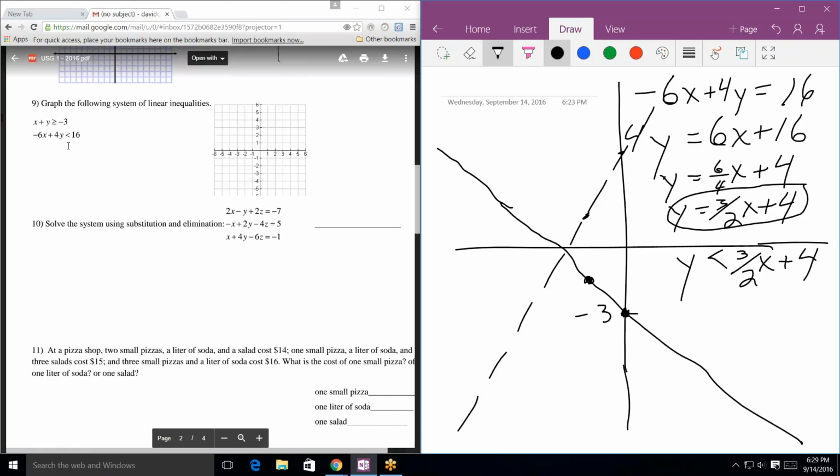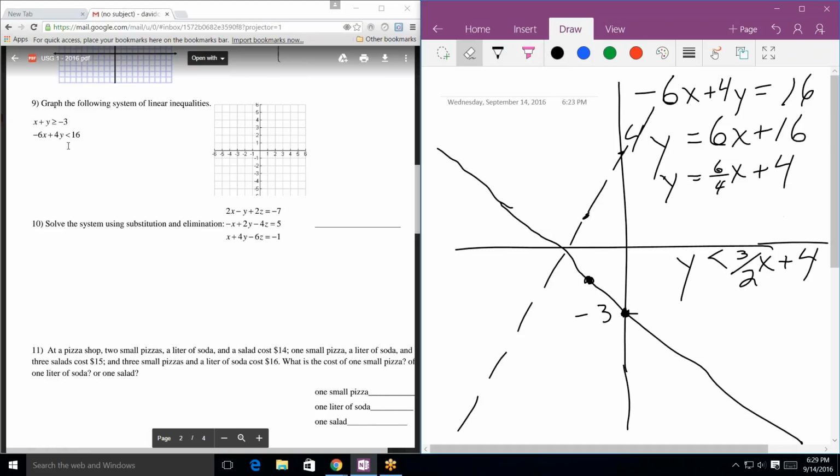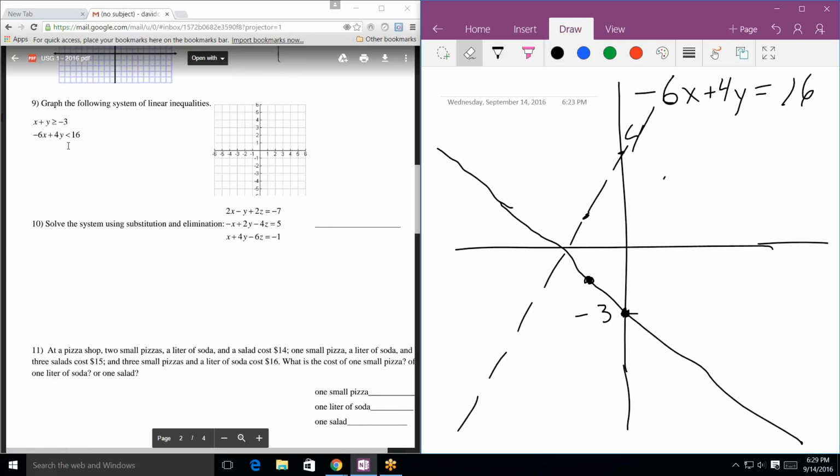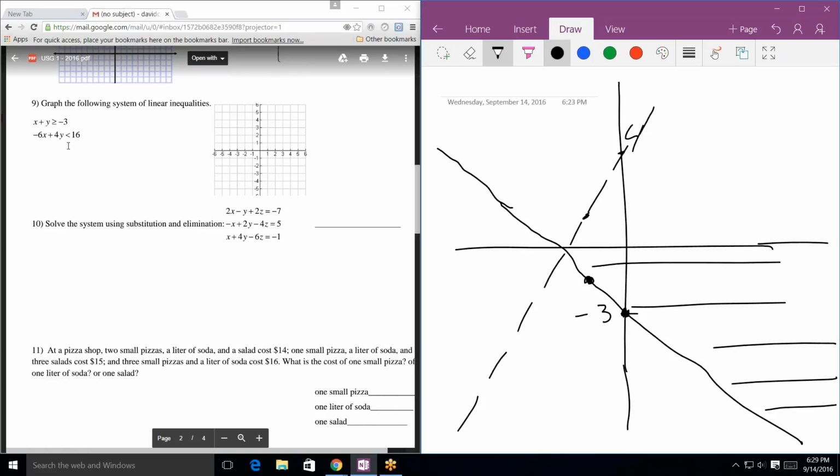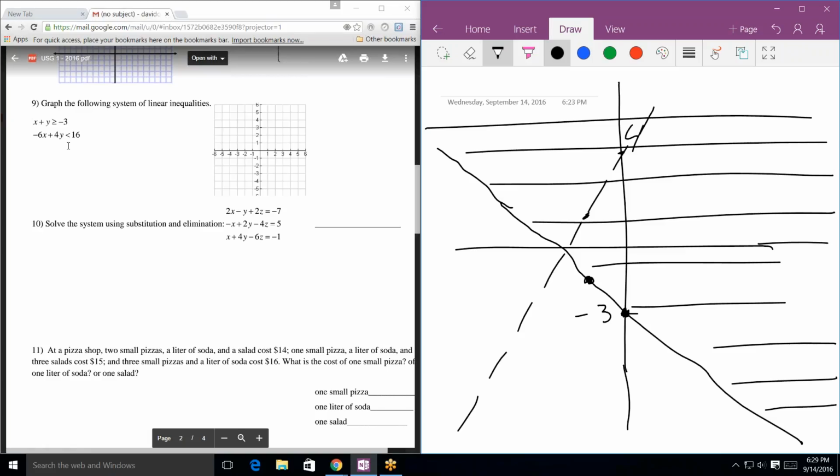So in the first case, I shaded everything above the solid line. In the second case, I'm shading everything below the dotted line. So what I'm left with is the area that is both shades. In other words, one way to do this is you can use horizontal stripes for one, and vertical stripes for another.